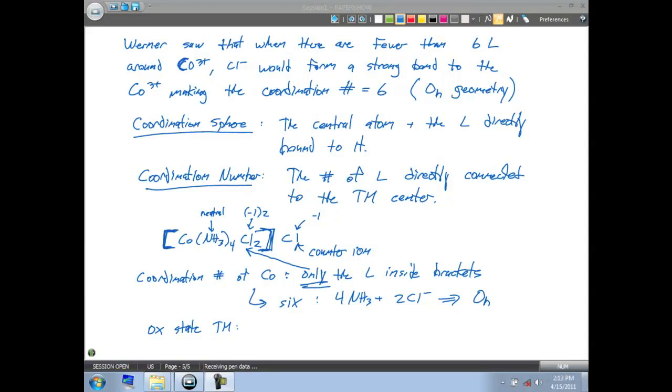So in this particular case, our negative charge is going to be -1 plus 2 times -1, or -3. So that means to give an overall charge of 0, the transition metal must be +3. So in this particular case, the oxidation state of our transition metal is going to be +3.